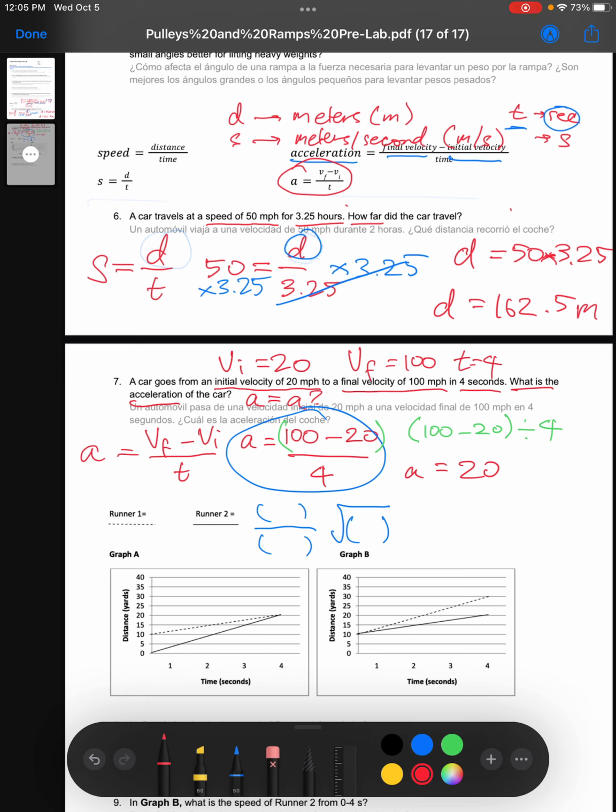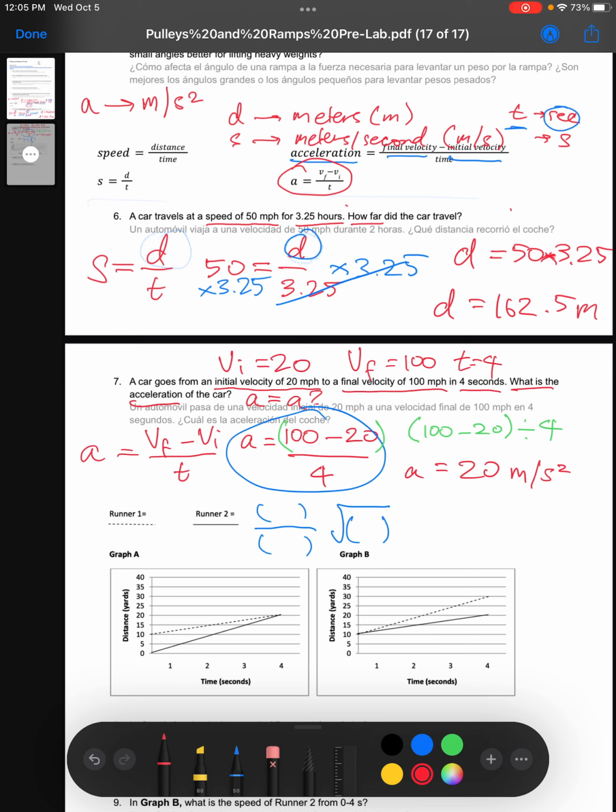What unit goes with acceleration? The unit for that is meters per second squared. So we will write 20 meters per second squared. All right.